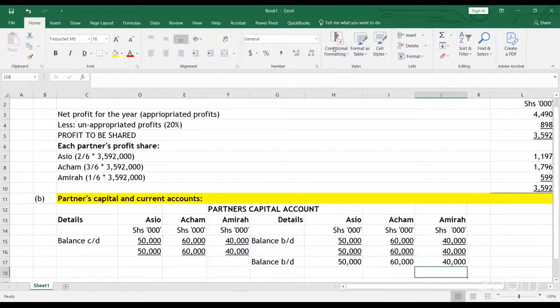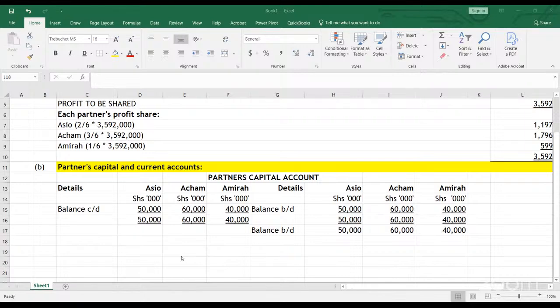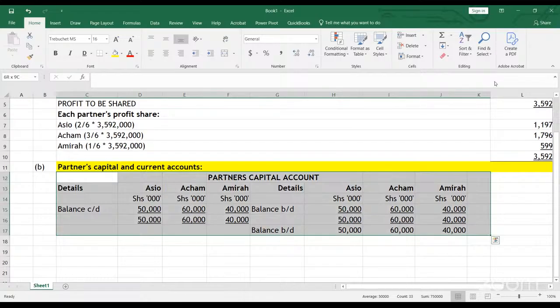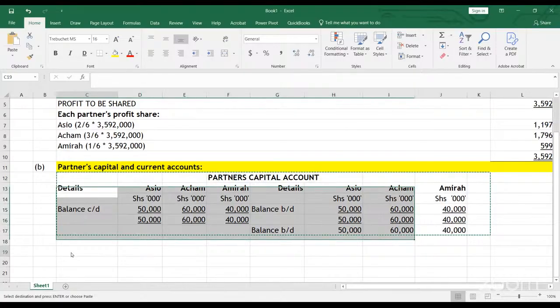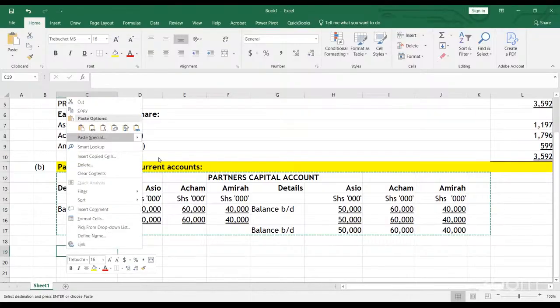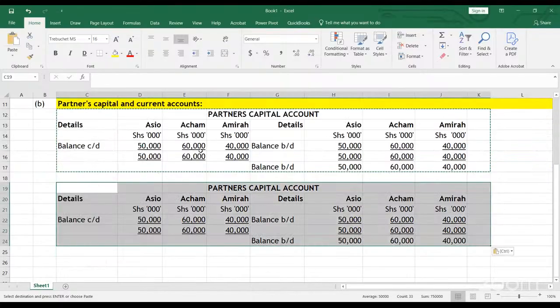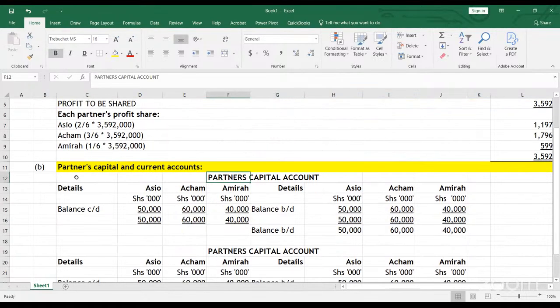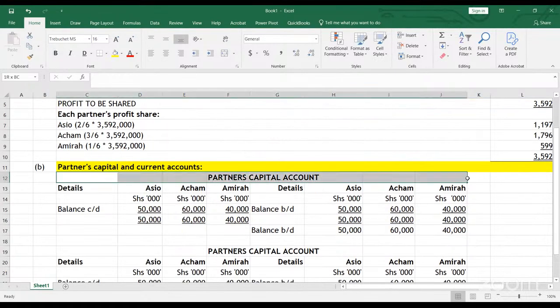Which other account do you want us to prepare? The current account balance. Let us also prepare the partners' current account. So this is the partners' current account balance.